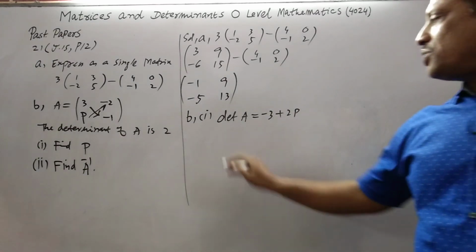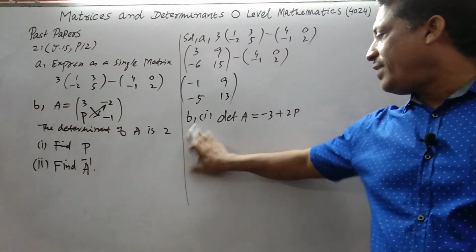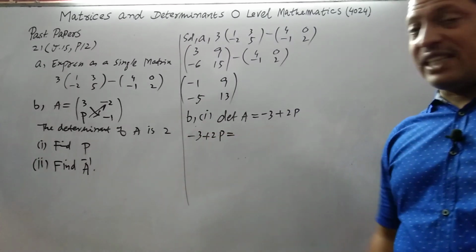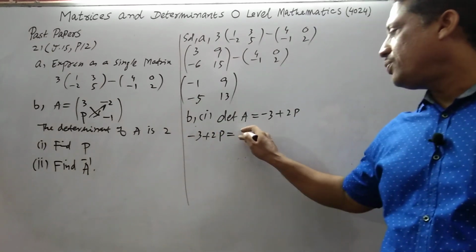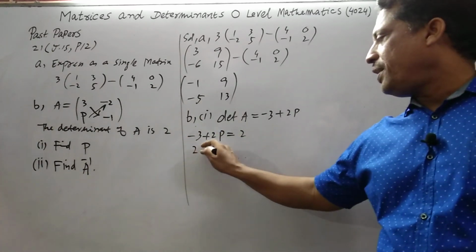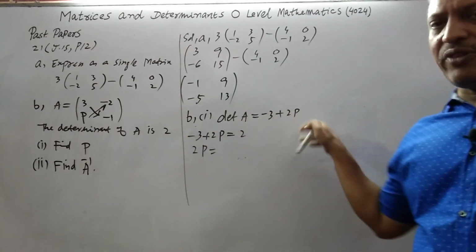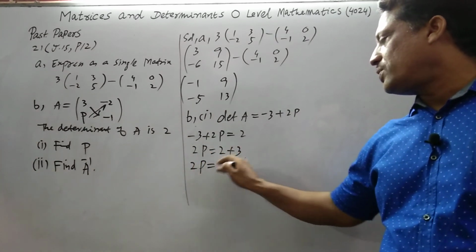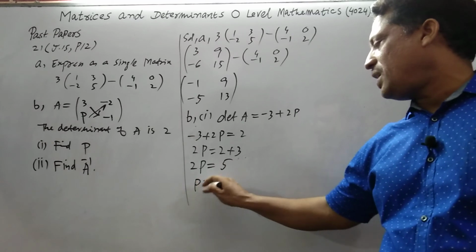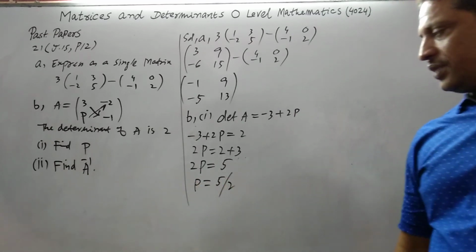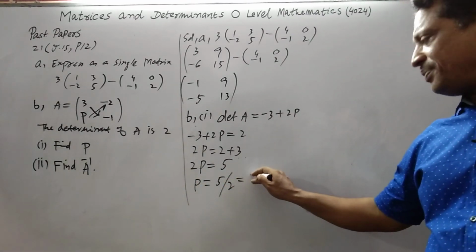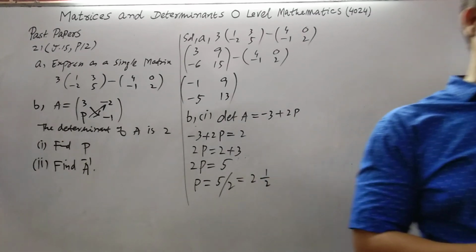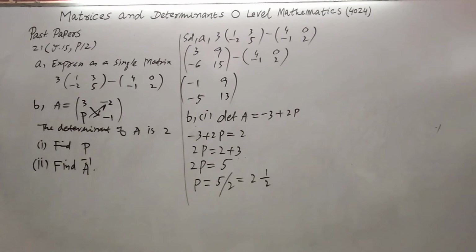And according to the question, the value of this determinant is given, which is 2. So 2P, move this minus 3 to the other side, 2 plus 3. So 2P is equal to 5, and P is equal to 5 over 2. Or you can write in mixed number 2 whole 1 upon 2. Okay students, so this is the next part.